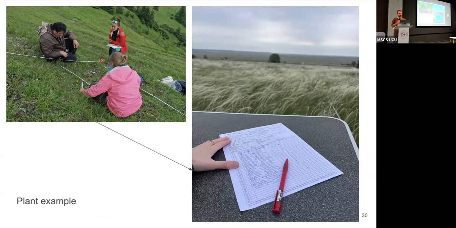Classical botanical data, a vegetational survey. Some natural communities, some botanists got there, made a plot and fixed all the plant species which they observed.